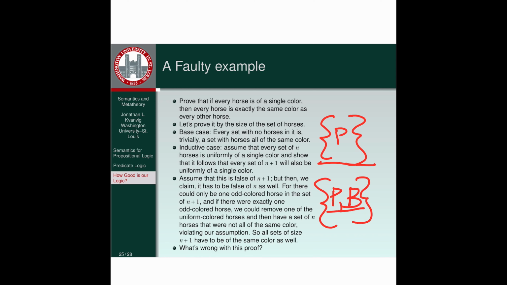So, what's wrong with this proof? What's wrong is where n equals 1 and n plus 1 equals 2, there is no contradiction to be had between assuming that it holds for n but doesn't hold for n plus 1.